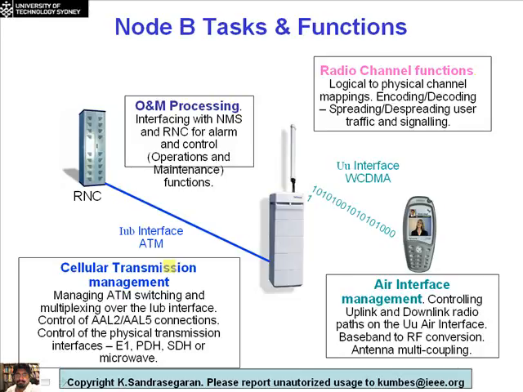If there are alarms on various components, and also the way the different links are performing, all of those are sent back to a network management system. So all the O&M processing deals with that. These are the important functions of the Node B.